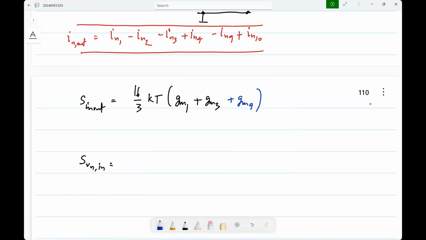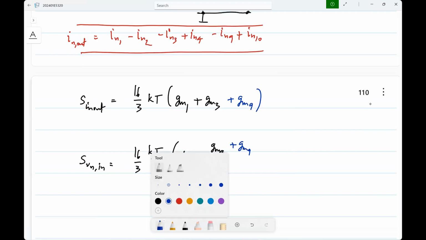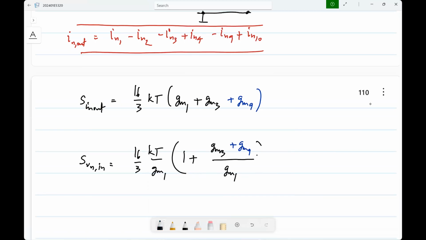And of course, the input referred noise will be the whole thing divided by GM1 square. So this is from M9 and M10, which are used for cascode biasing.